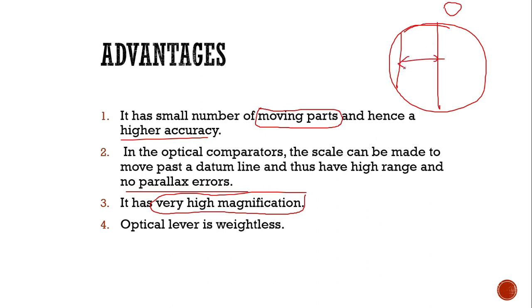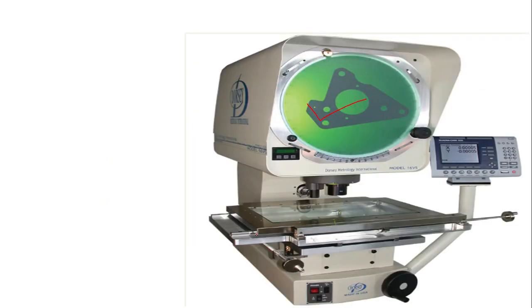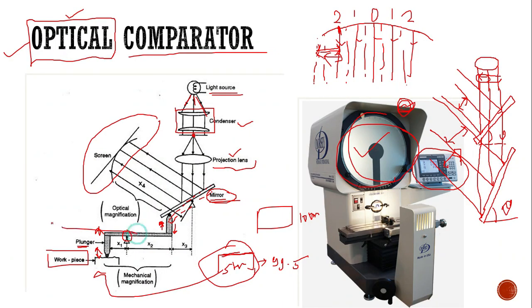So there will be only a little parallax error, compared with what can be found with the mechanical comparators. The optical lever which we have used is weightless. As we have discussed, this is weightless or very low weight, so it cannot be considered, but sometimes in practical application it is considered, and it can be called a mechanical optical comparator.